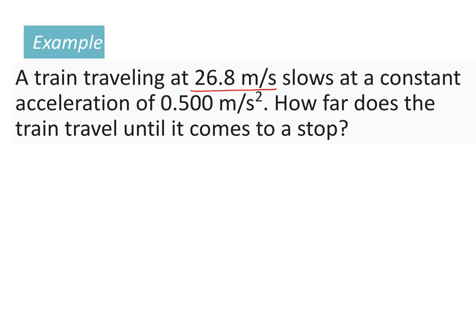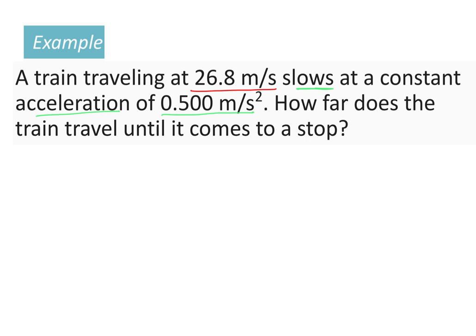It slows at a constant acceleration. That's pretty obvious what it's telling us there. Acceleration of 0.500 meters per second squared. By the way, anytime you see meters per second squared, that's going to be a clue that it's acceleration. Meters per second is going to be a clue that it's velocity. So yes, it is very important that you notice it said slow when we start to put those down.